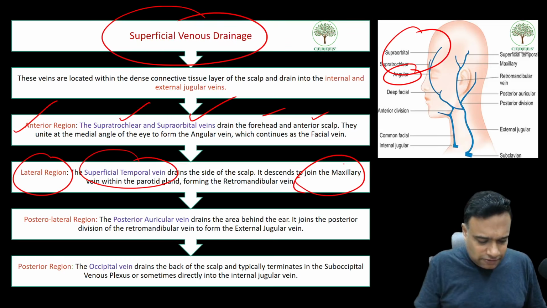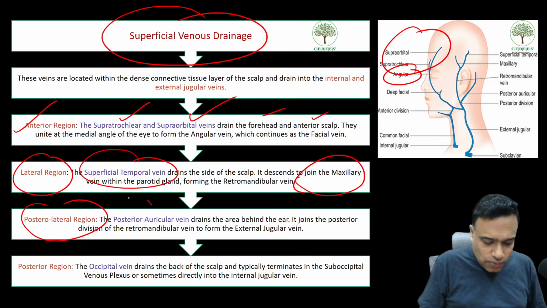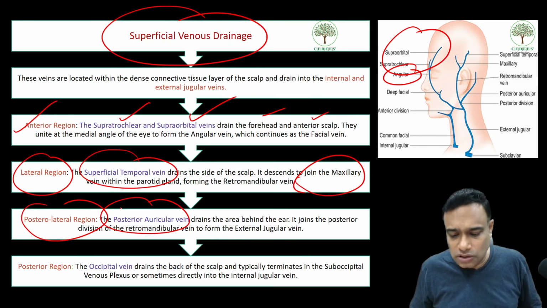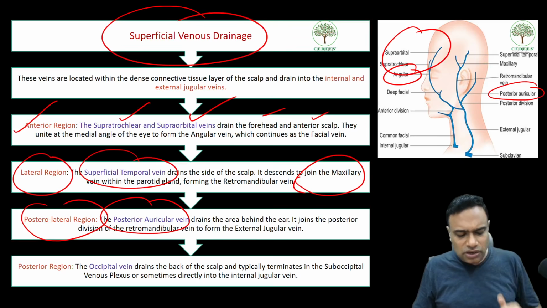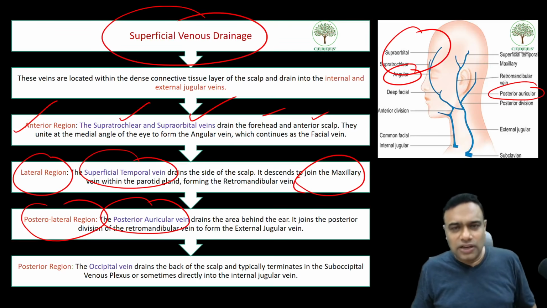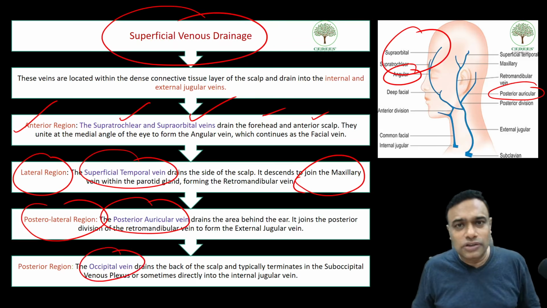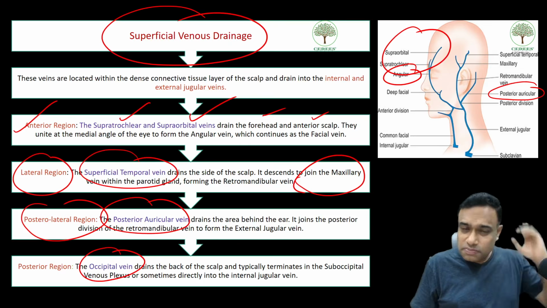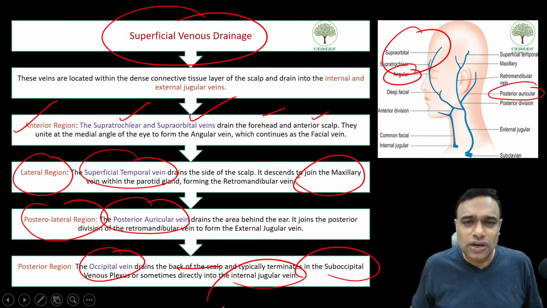The fourth and the fifth, posterolateral region, we have what is called your posterior auricular vein, right? Your posterior auricular vein again comes down and joins the retromandibular vein, goes into your external jugular vein, right? And you have your occipital vein, which drains the posterior part of the back of the scalp and terminates into your suboccipital plexus of veins, or sometimes into your IJV.